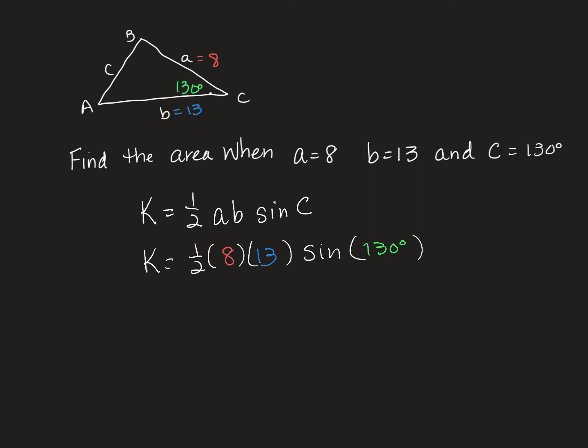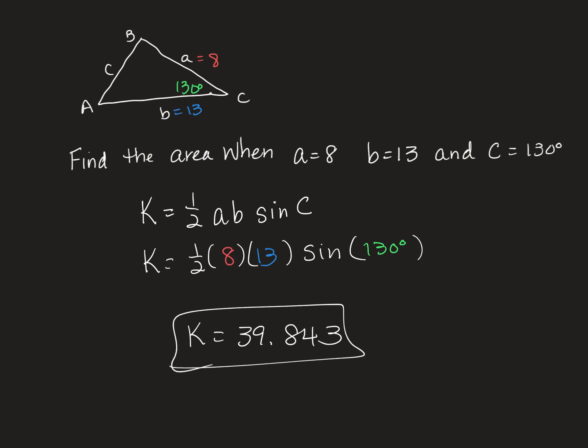So 1/2 times 8 times 13 times sine of 130. You can do it all at once. You're going to tell me K is going to be, nope, try that again. K is going to be, not 1, sorry guys, 39.843. There's my area formula. Not bad, should be easy enough. Make sure you had those written down in your notes.